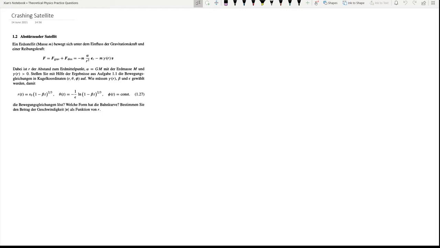We're going to determine gamma, beta, and eta so that this ansatz solves the equation of motion. What is the shape of the trajectory, and find the speed, absolute v, as a function of r.